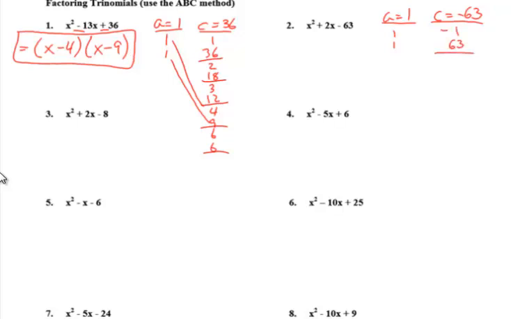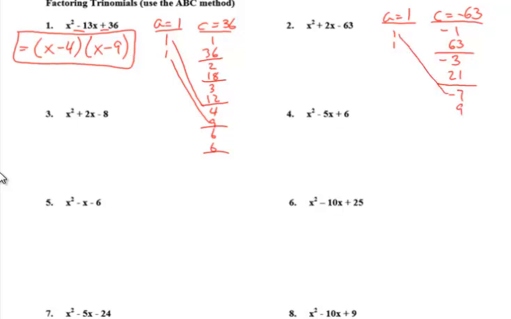Okay. 2 doesn't go into 63. 3, negative 3 goes into it 21 times. Does 4 go into 63? No, I don't think so. 5 doesn't go into it. 6 goes into it, I believe. No, not 6. 7 goes into it. So negative 7 and 9.